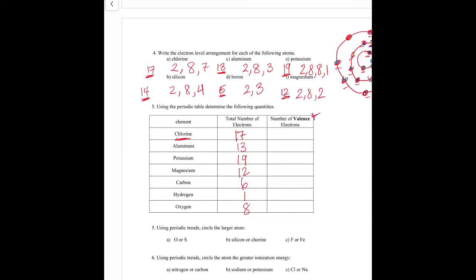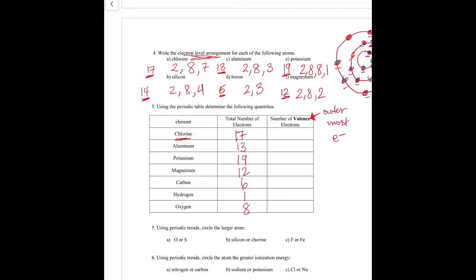Okay, so to figure out the number of valence electrons. One way to figure out the number of valence electrons is using the electron level arrangement that we just did here. So for example, valence electrons are basically the outermost electrons. So it's asking you how many electrons exist in the outermost shell.